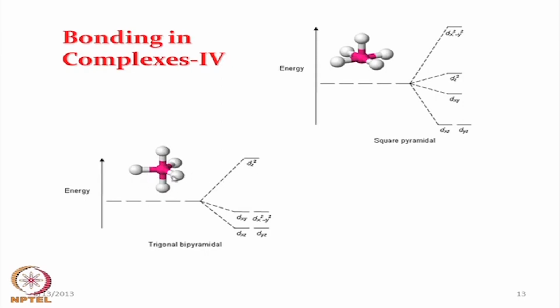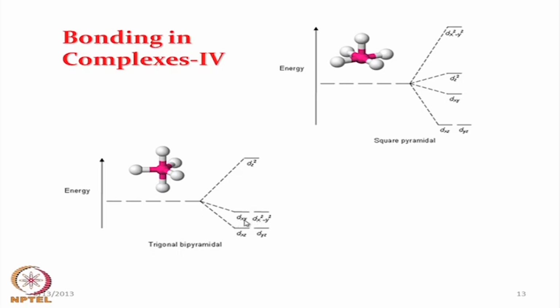Then we have 2 orbitals, dxy and dx square minus y square, in this trigonal plane. Within this trigonal plane we have these 2 orbitals in the xy plane, and these 2 are also destabilized in that particular case.